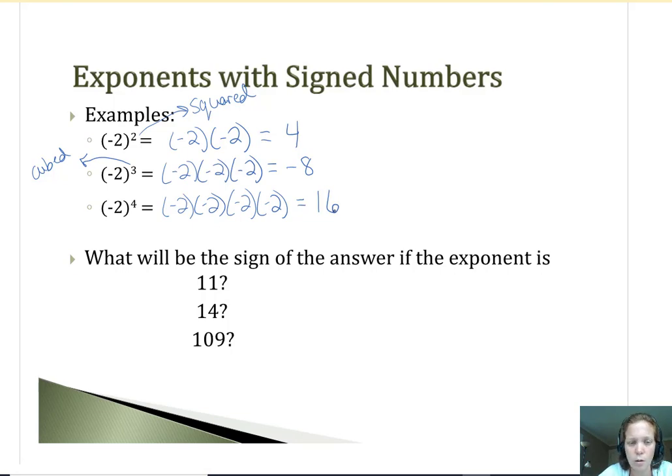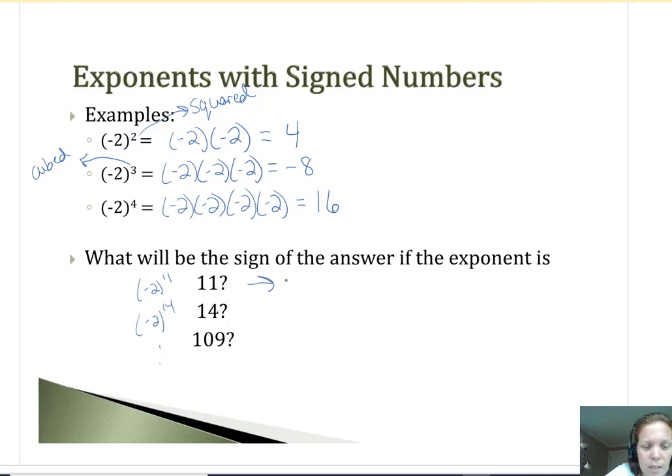So regardless of what the base is, what will the sign of the answer be if the exponent is 11? We're just gonna do the sign. But like if it was -2 to the 11th or -2 to the 14th. Okay, so 11 is odd, we'd have an extra negative, so it would end up being a negative answer. 14 would be positive, 109 would be negative.